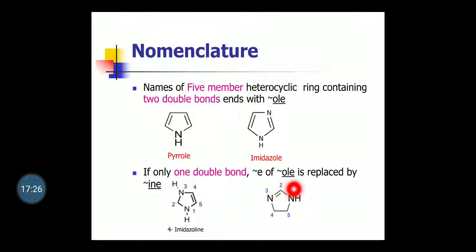Now we can see there is one double bond, so imidazole is replaced with imidazoline. Before that, we have to specify the position of the double bond also. In this ring, the position of the double bond is 2 and 3. So basically we can write it's a 2-imidazoline, sorry, it's a 3-imidazoline.